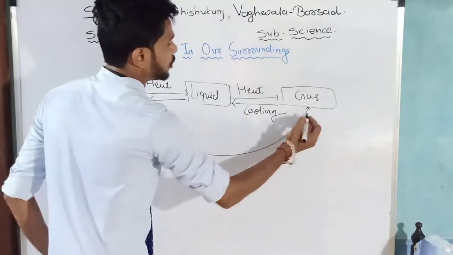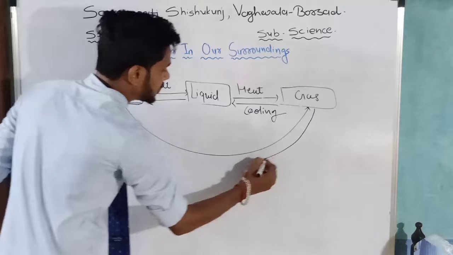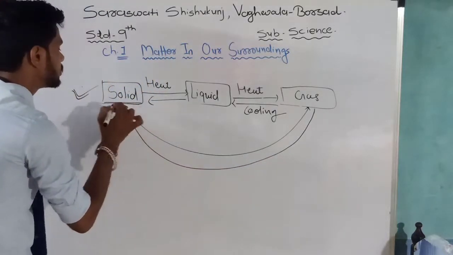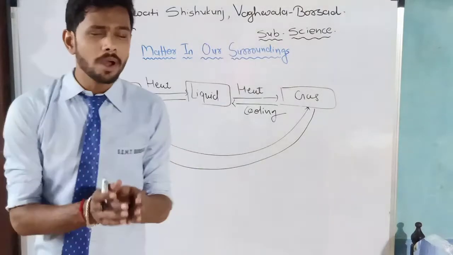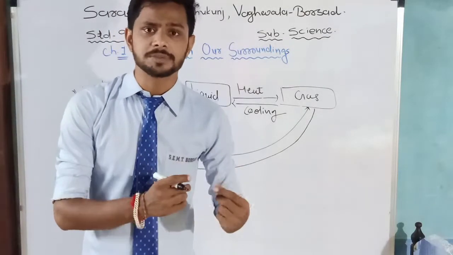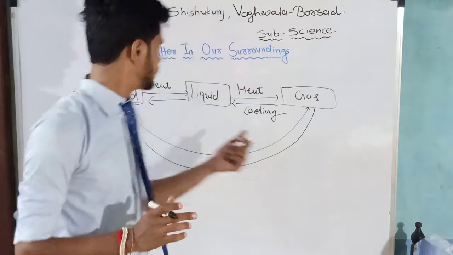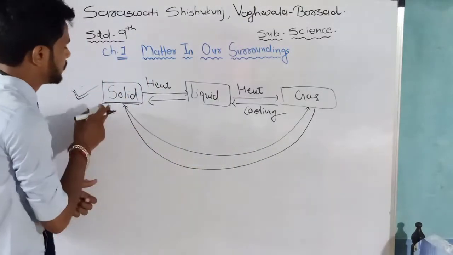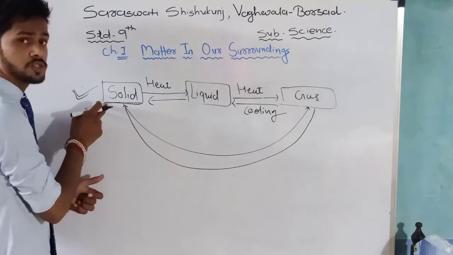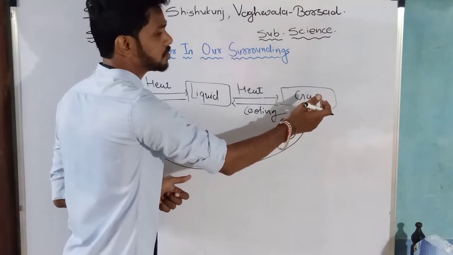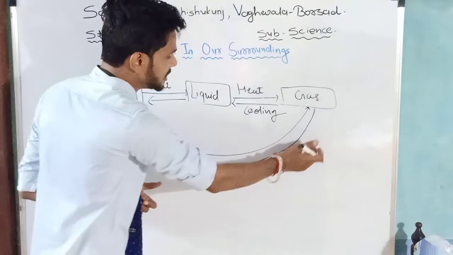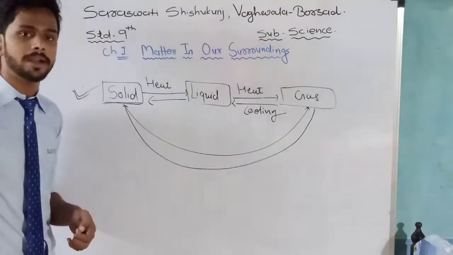If I am going to cool this gas, it is directly converted into the solid state without entering into the liquid state. Do you have any idea about that substance, which kind of substance gives this kind of reaction when we apply some heat on that solid substance? It is directly converted into the gaseous state, and in the process of cooling, this gaseous state is directly converted into the solid.